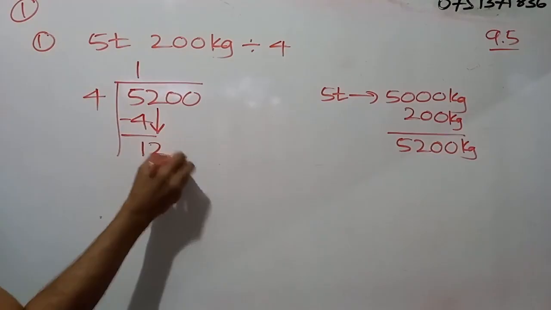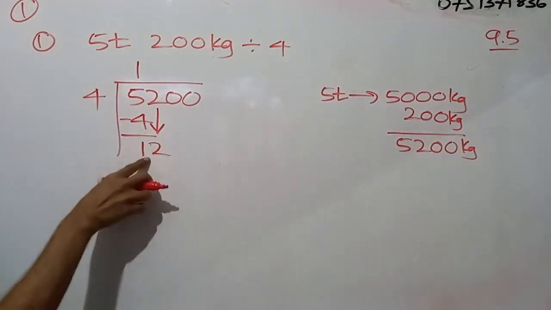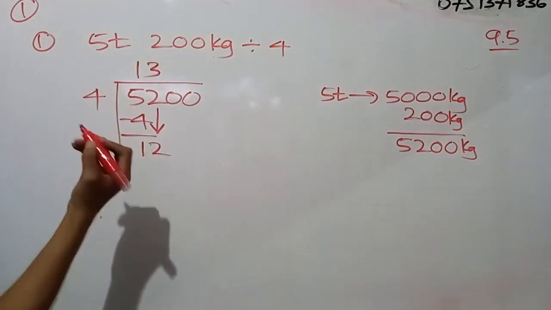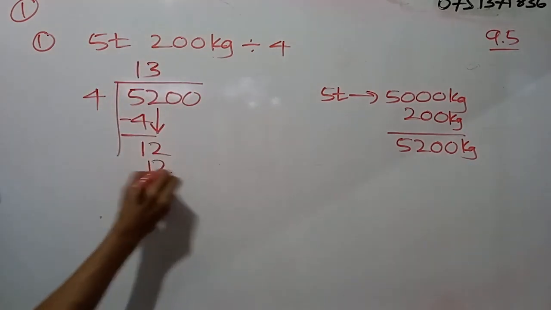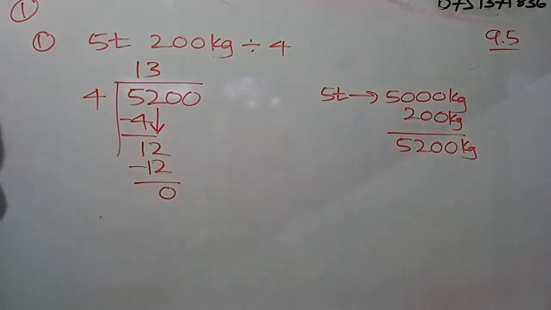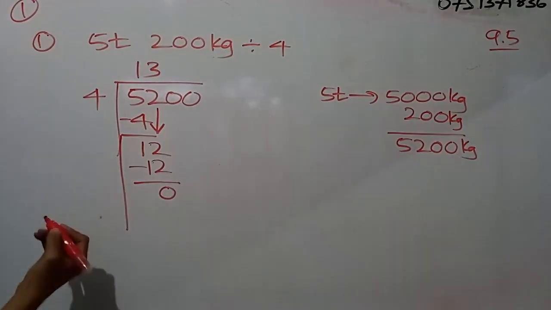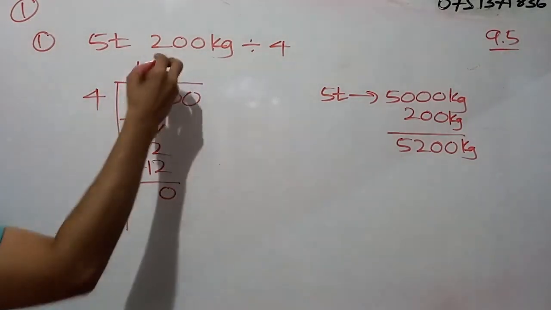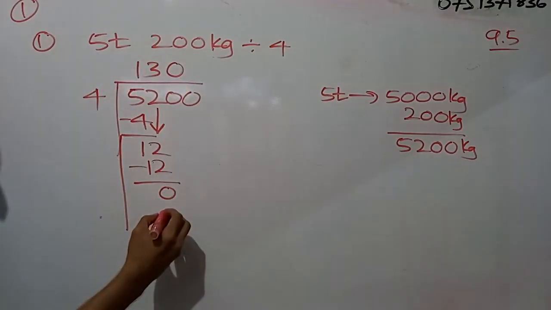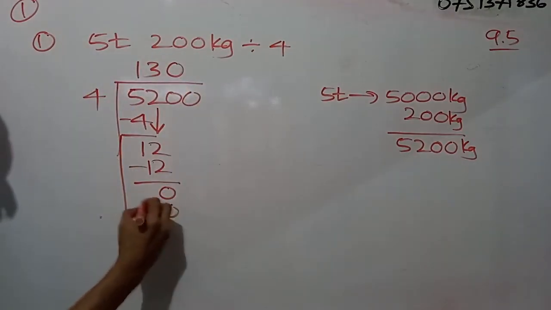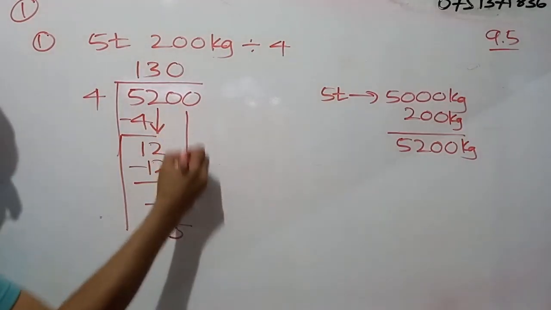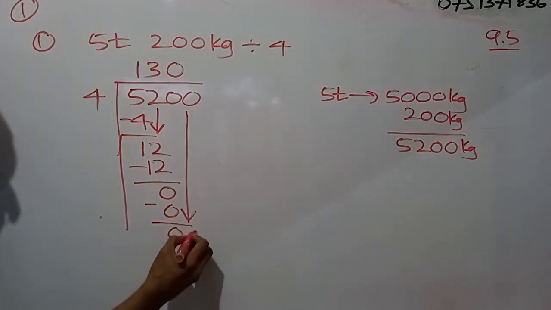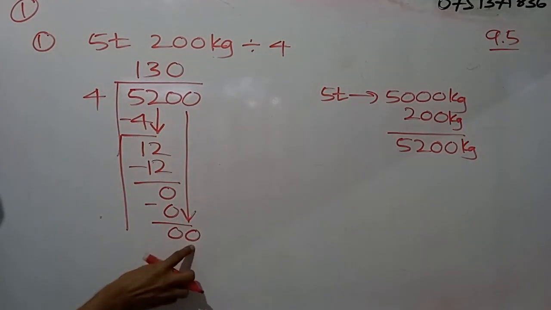Now break down these two, altogether 12. How many 4s are there to 12? Exactly 3. 4 times 3, that's 12. 12 minus 12, we get 0. So here I will complete the division. How many 4s are there to 0? 0. 4 times 0 is 0. 0 minus 0, we get 0.